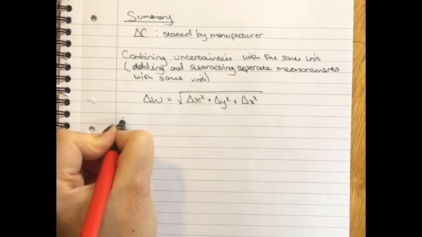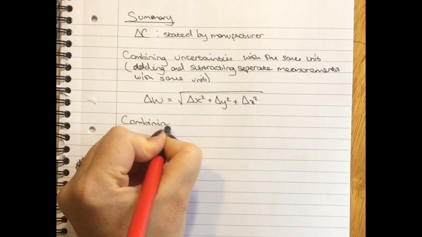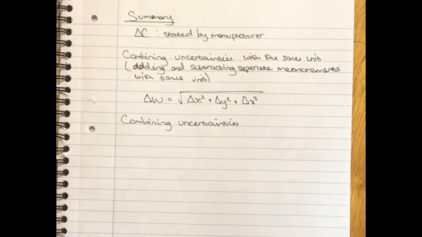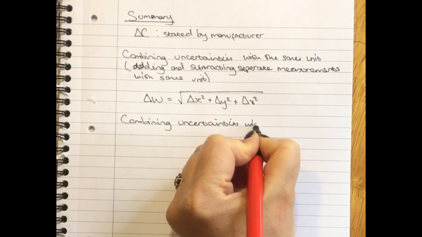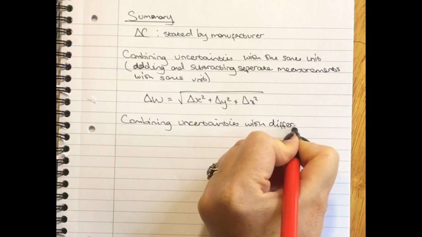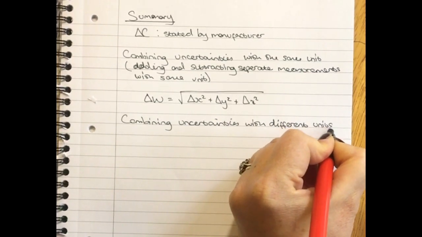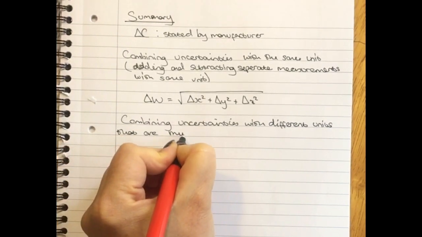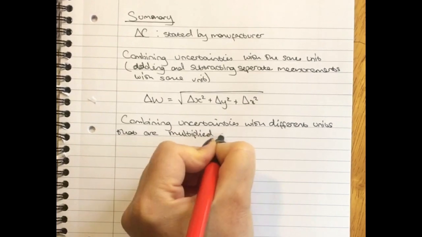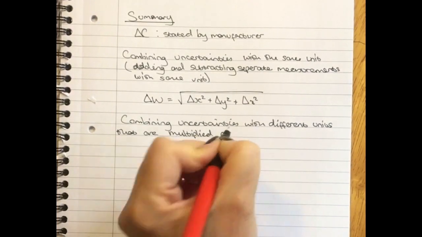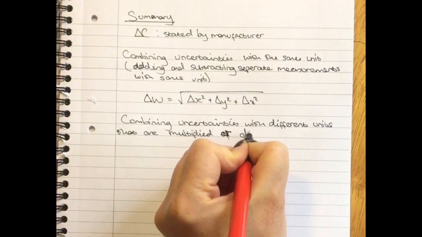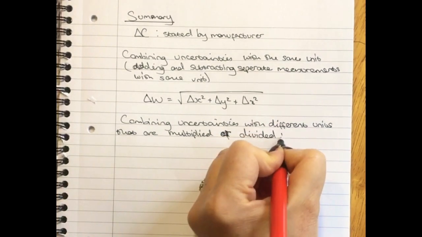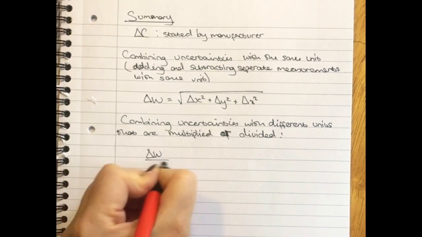If we're wanting to combine uncertainties with different units, that are multiplied or, sorry, that word is or, not of, or divided, then it's the fractional uncertainties we use.